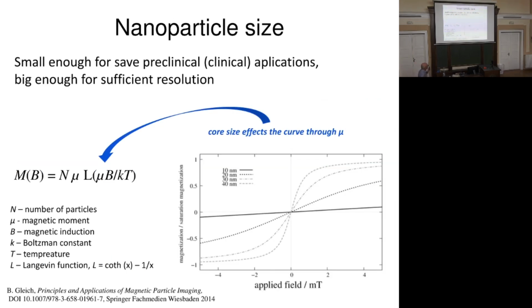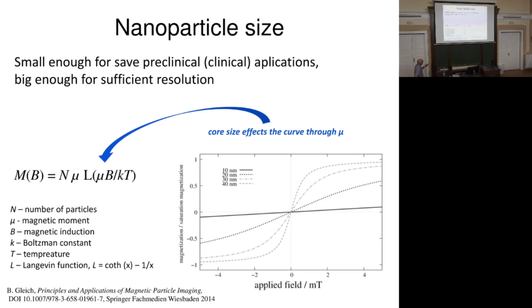Nanoparticle size, we don't speak about this too much, but it's rather paradoxical, because actually if you need better resolution, you need bigger particles. So the bigger particles, the better resolution, because the resolution is not determined by the size of the particle. It's in terms of nanometers, and resolution is in our case in millimeters, or maybe tenths of millimeters. So how does this happen?